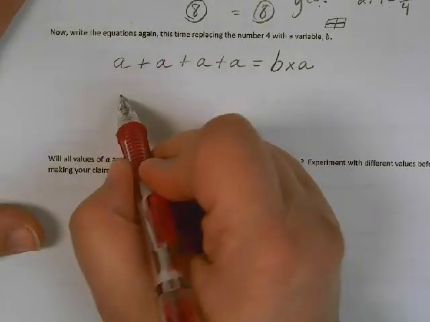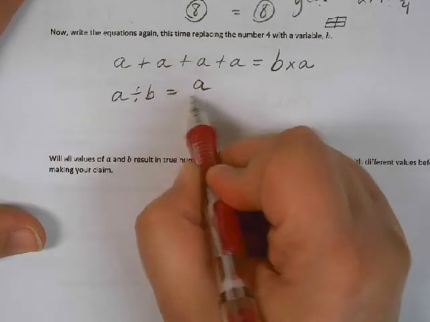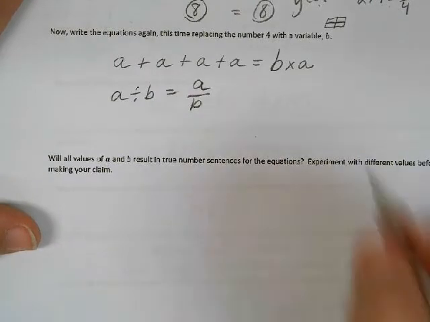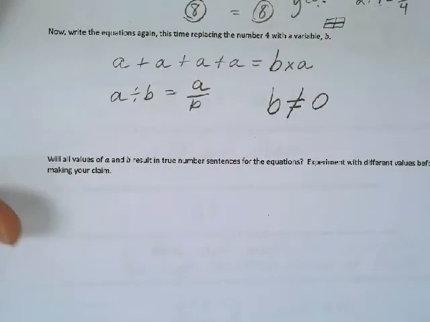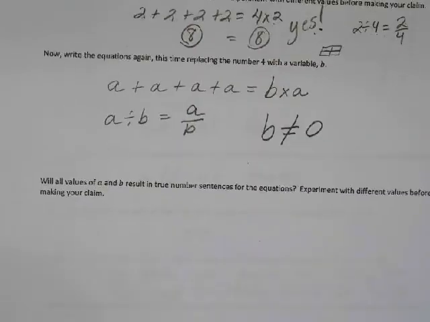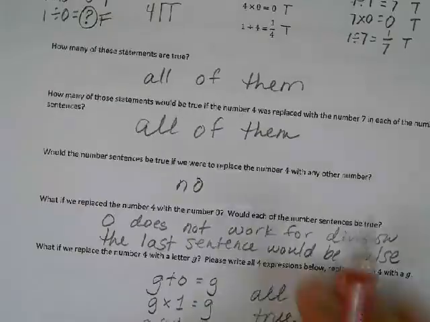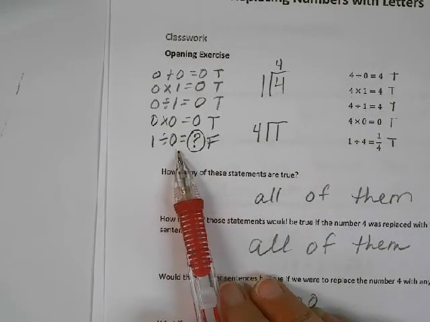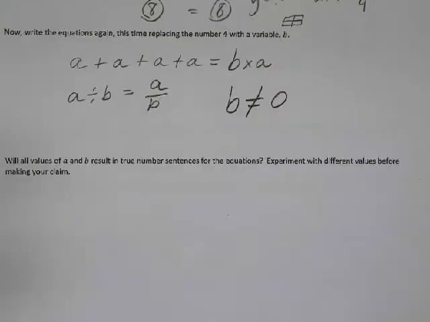And then we can also say a divided by b is the same as a over b. And the only thing that we know 100% is that b cannot equal 0. Because at the very beginning of our lesson, we learned that the only thing that could not replace was 0, because for division, we can't make 0 groups.